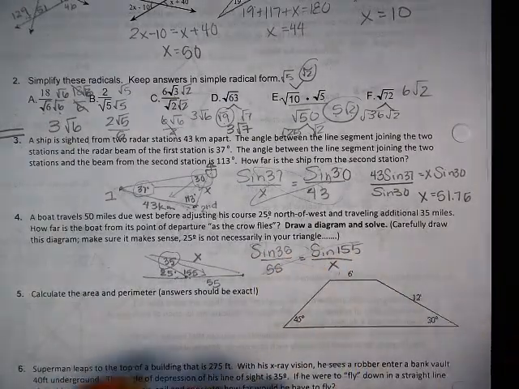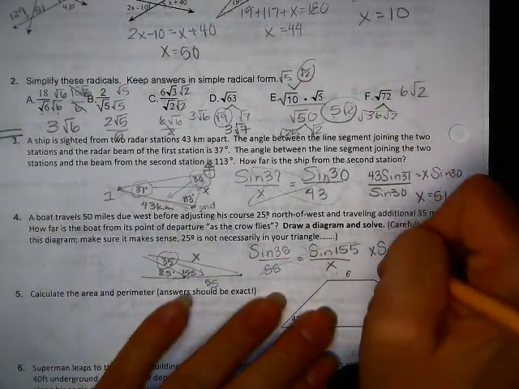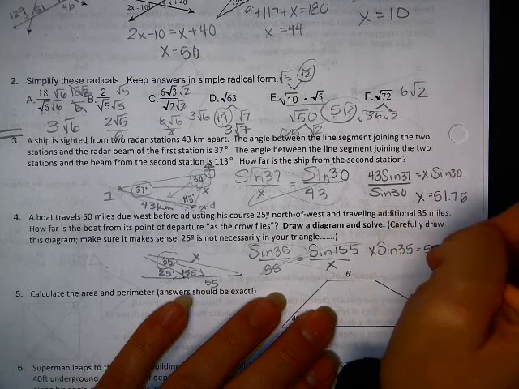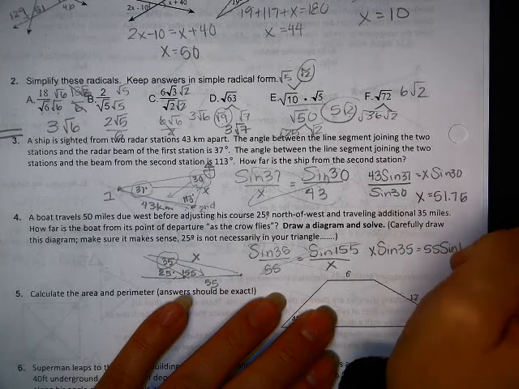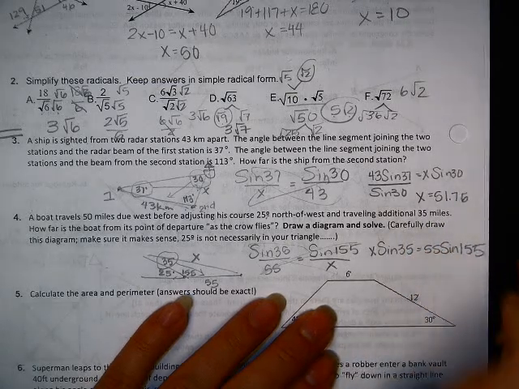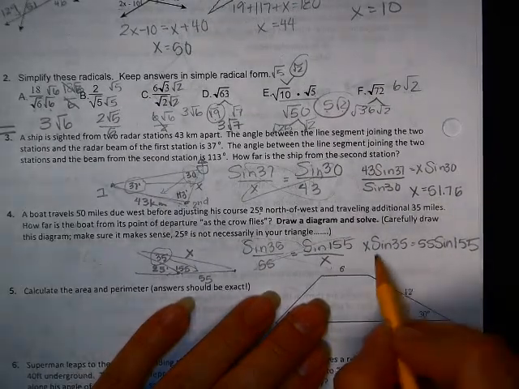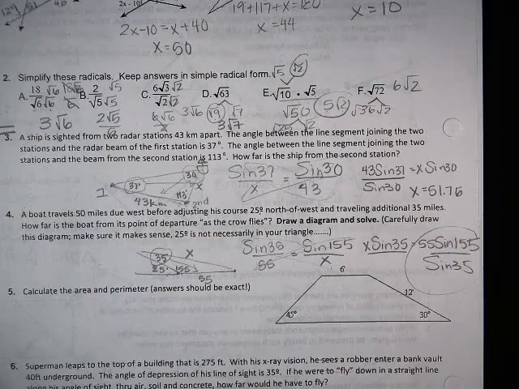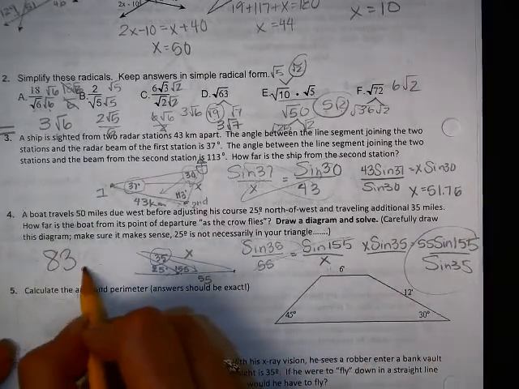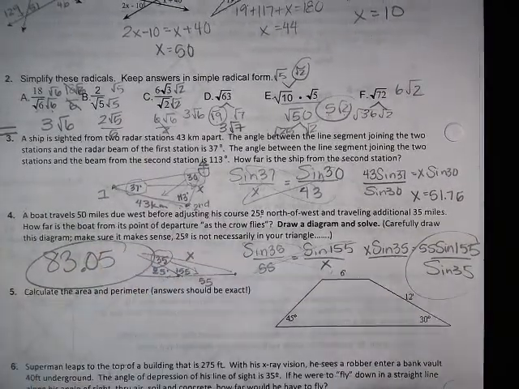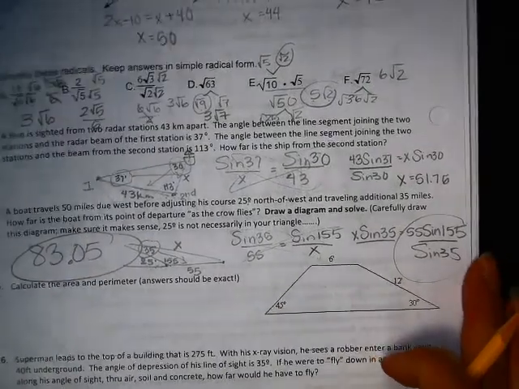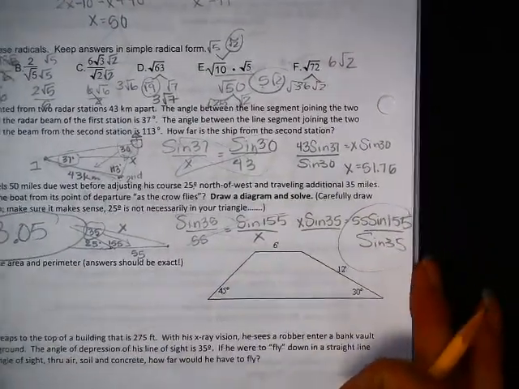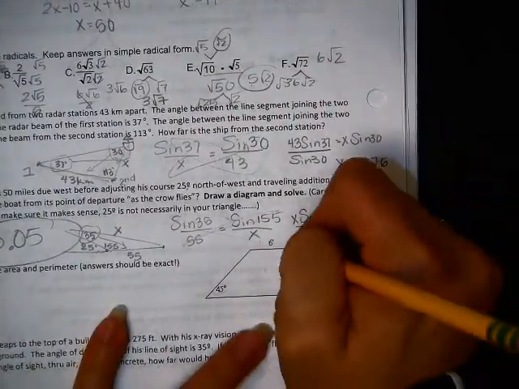Again, I'm going to cross multiply. A lot of 55s. And then I'm going to divide. So again, you're going to plug that in exactly like you did last time and make sure you get the correct answer.